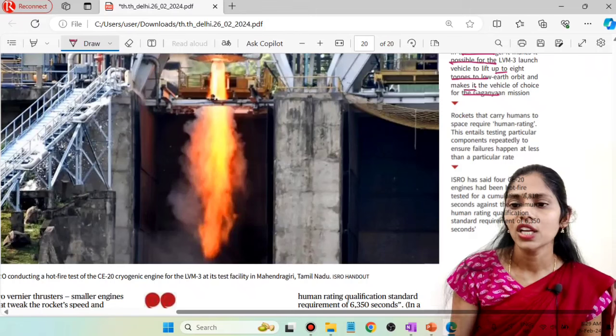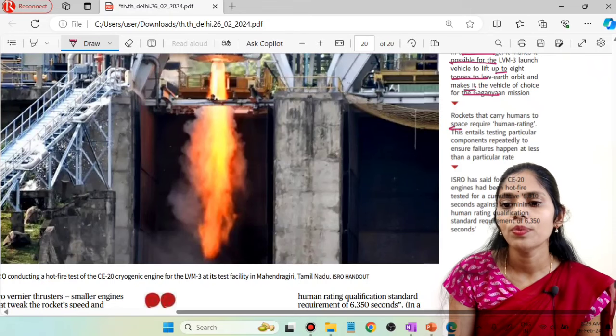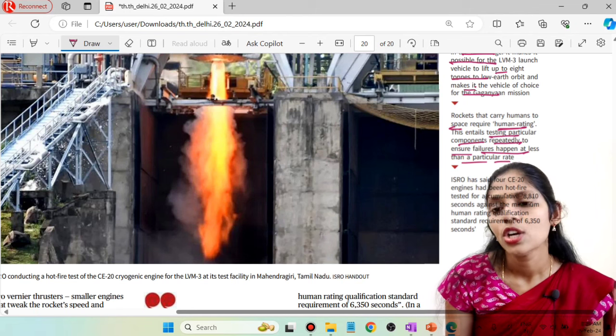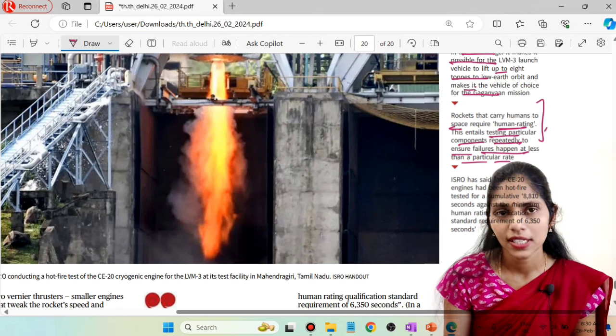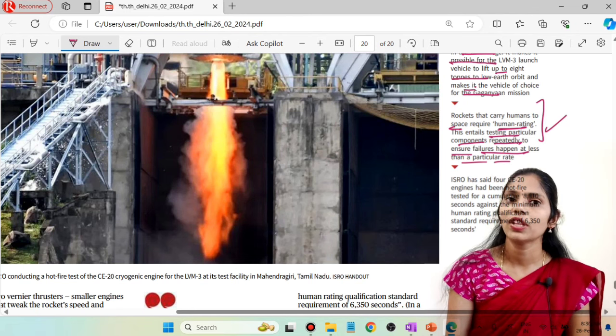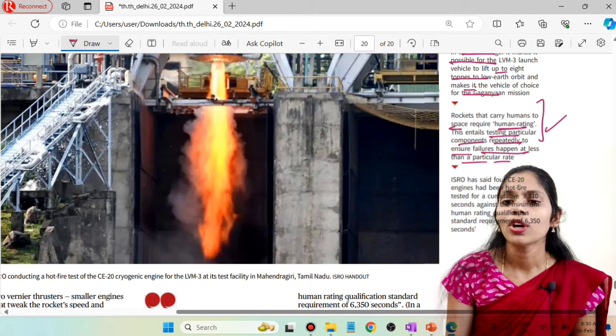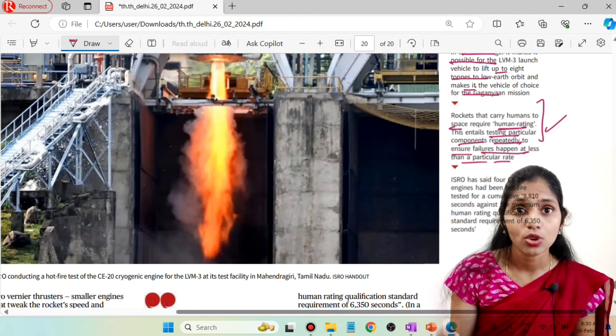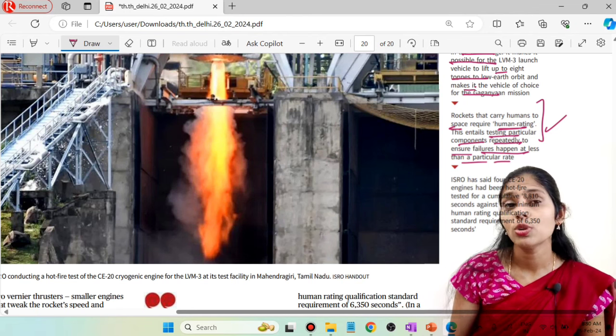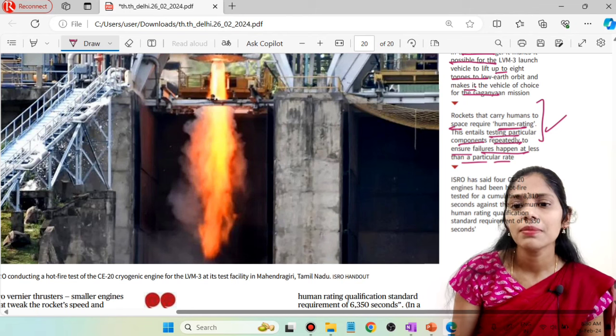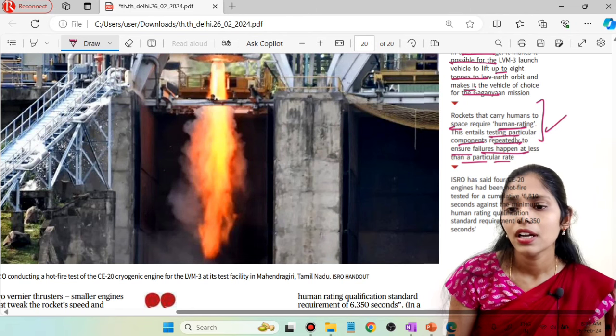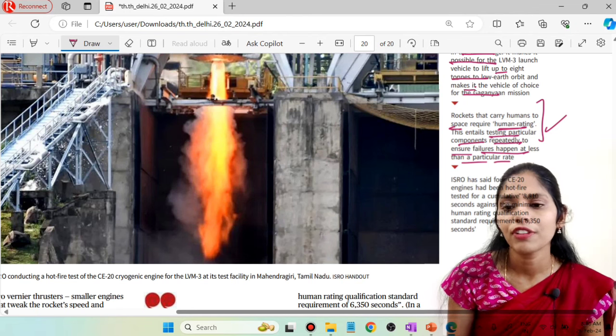Rockets that carry humans to space require human rating. This entails testing particular components repeatedly to ensure failures happen at less than a particular rate. If you're testing again and again, we will know whether it is functioning well or not, because it is a human mission. We are sending astronauts into space, so we should be very careful, and there should be a minimum rate of failures.